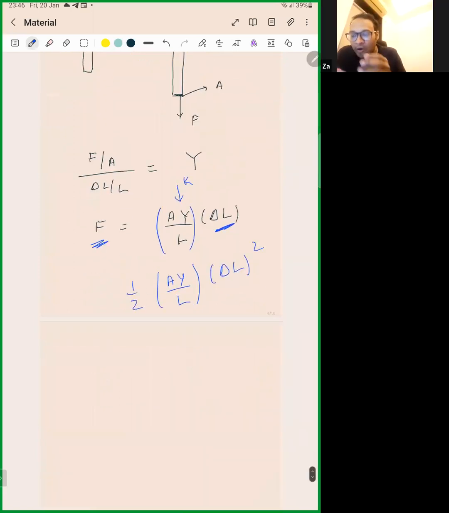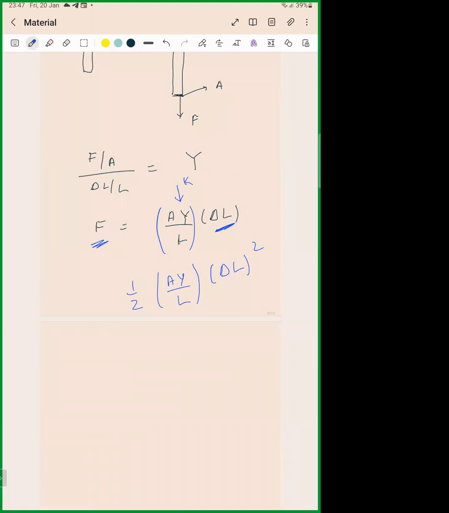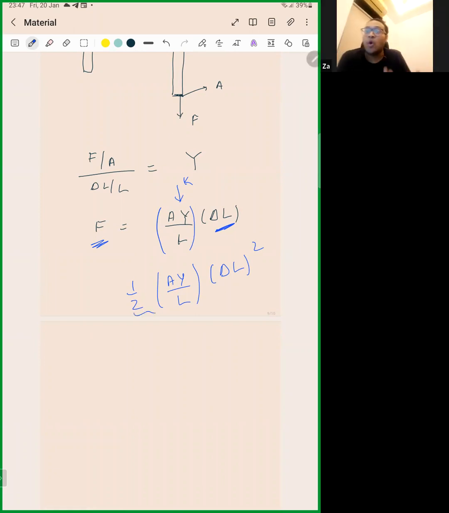Now, this thing can be expressed in a polished format. This is one of the formats. This is what he was expecting from you, that how much energy is stored. Because when you have extended it, the molecules have moved and there is some potential energy stored in the intermolecular force format.